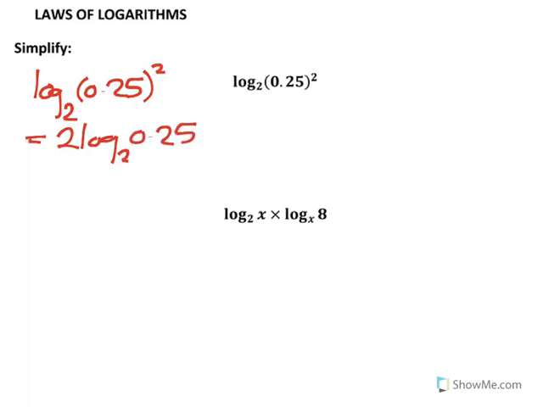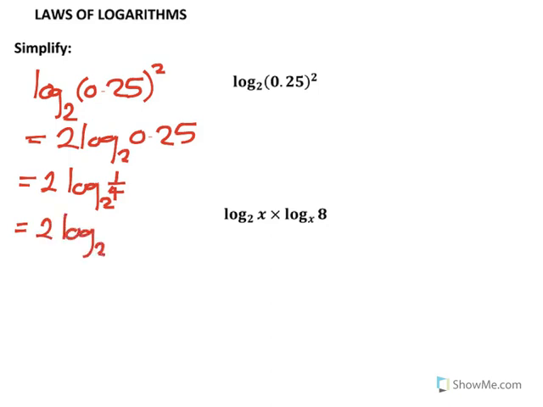Now if you use your calculator carefully on 0.25, you will discover that it is 1 over 4. So this is the same as log in base 2 of 1 over 4. That's 0.25. This is the same as 2 log in base 2.